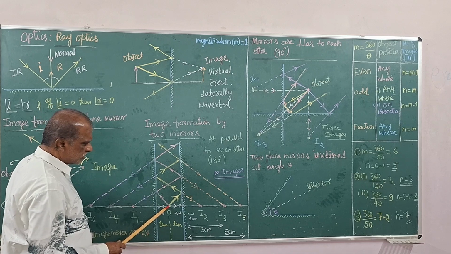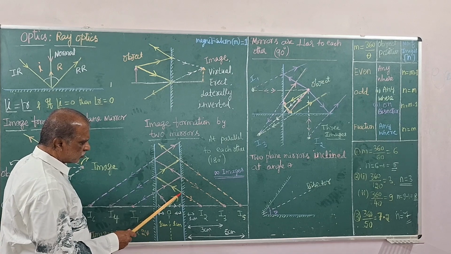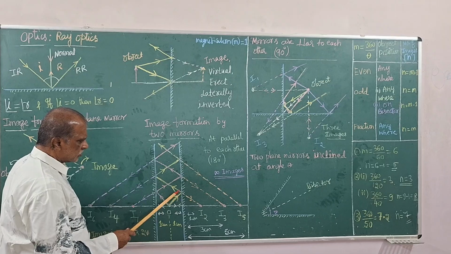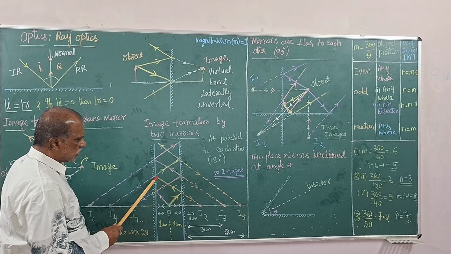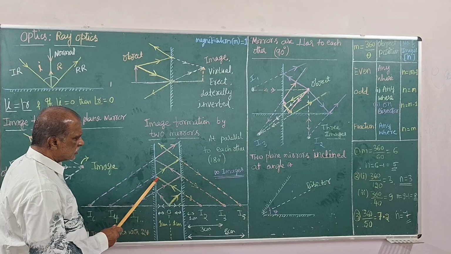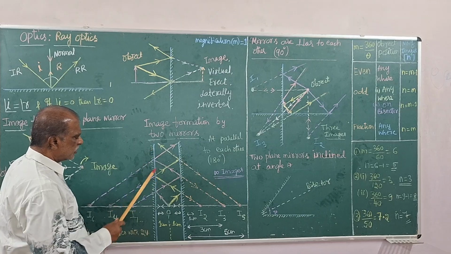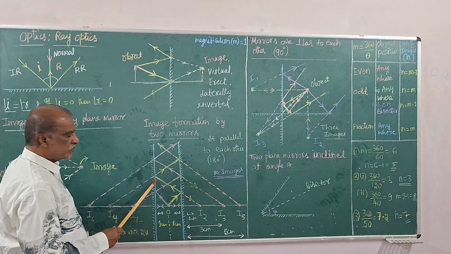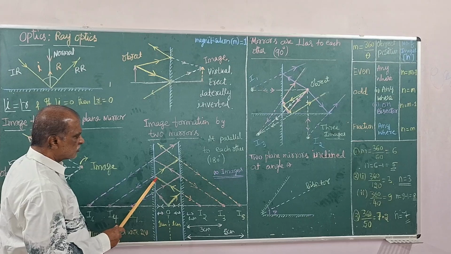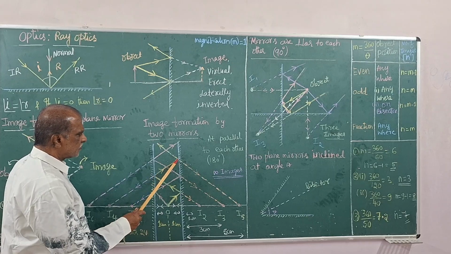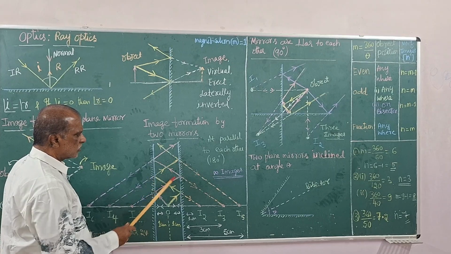I take the ray in this direction, and it is reflected like this. After this reflection, there is one more mirror, because of the parallel alignment, so it undergoes further reflection like this.